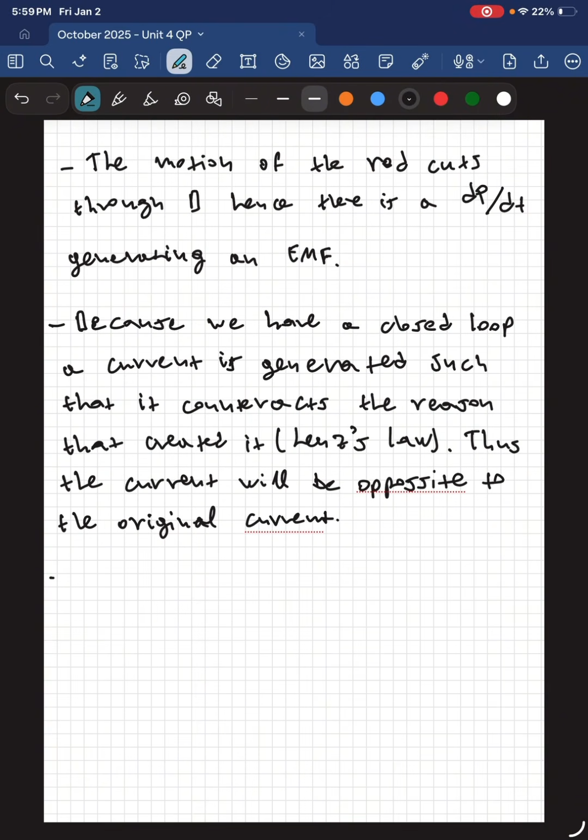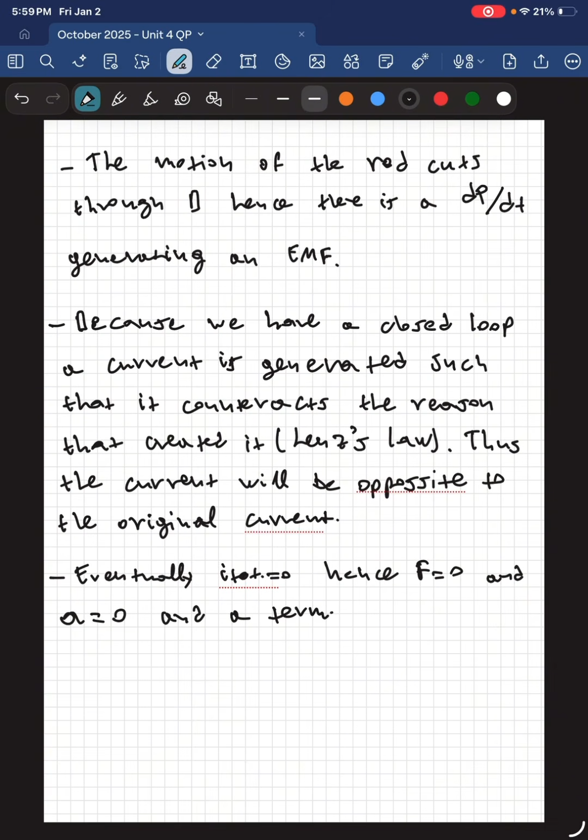Eventually I total will be 0, hence the force will be 0, and a will be 0, and the terminal speed will be reached. And that's the answer.